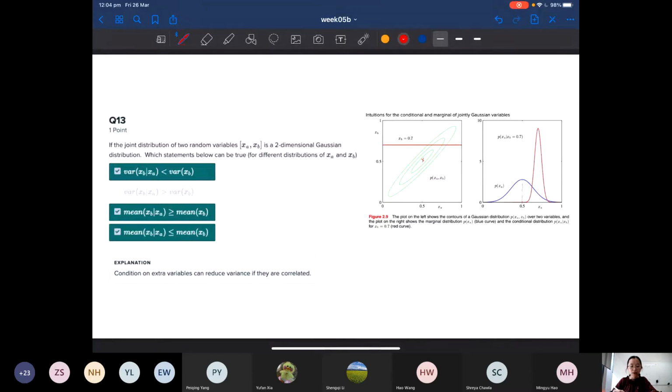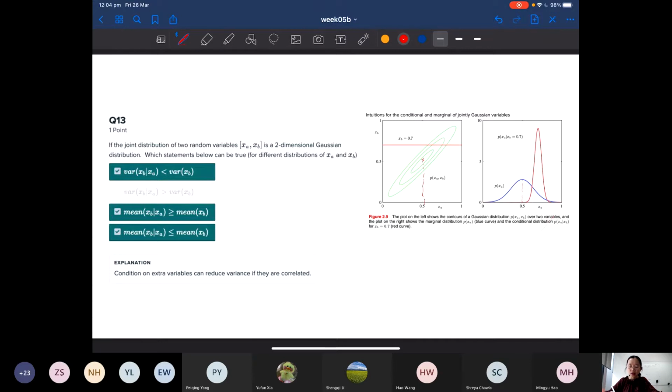The point here is if XA and XB are jointly Gaussian, and we condition on one of the variables XB, the mean can be really either way, right? So on the right is a figure from week 2, I believe, Friday workshop, where the mean of XA is really here.